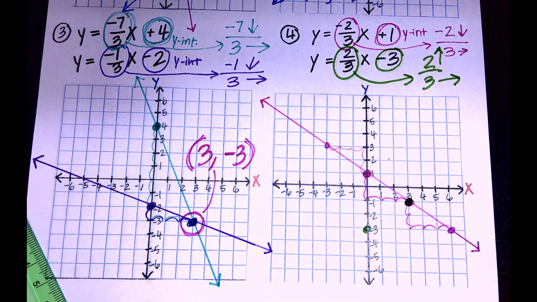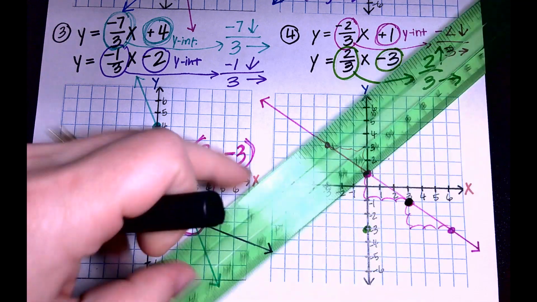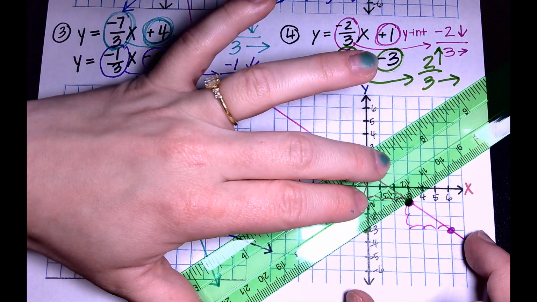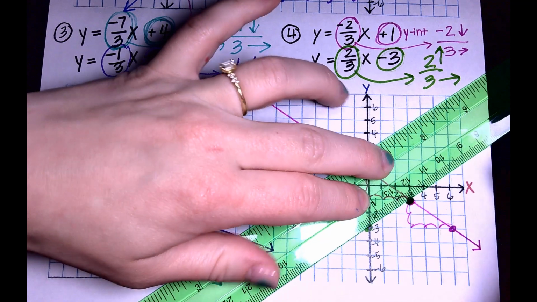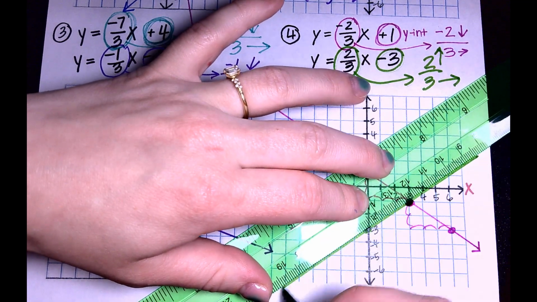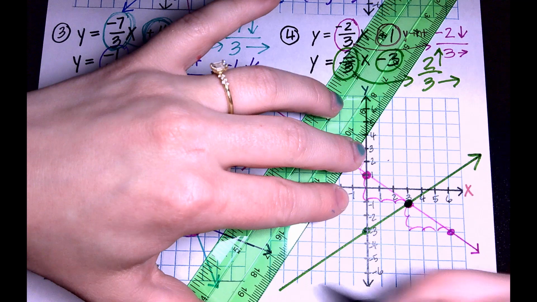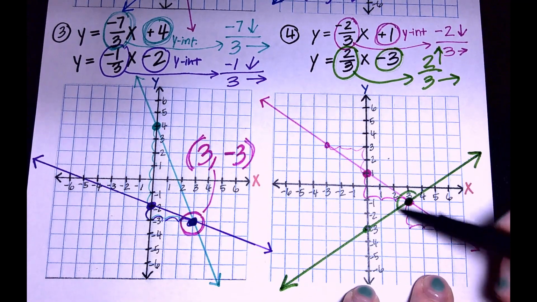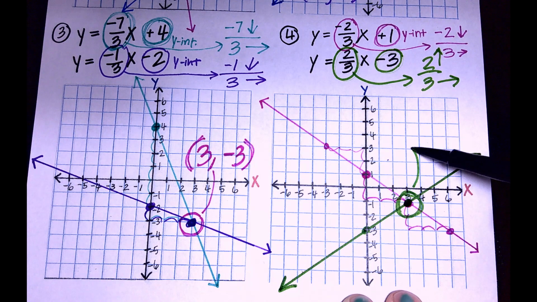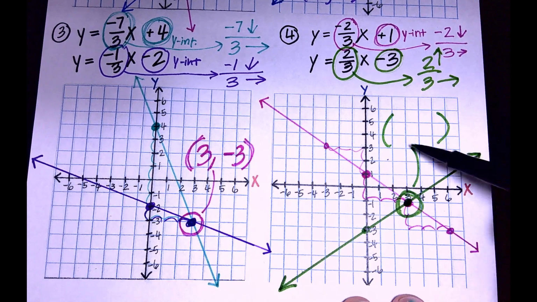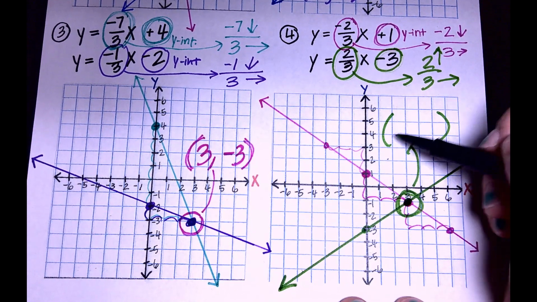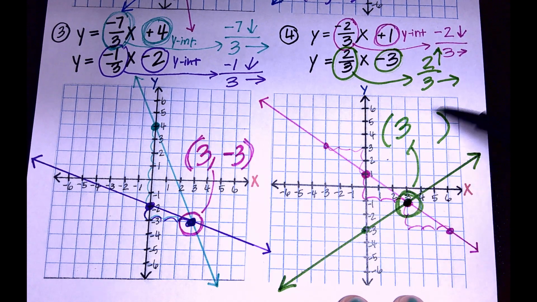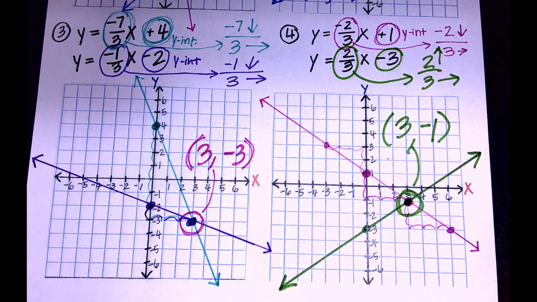And we've got a nice little intersection right there. Okay, so what is the coordinate of my solution? Yes, 3 is my x value, negative 1 is my y value.